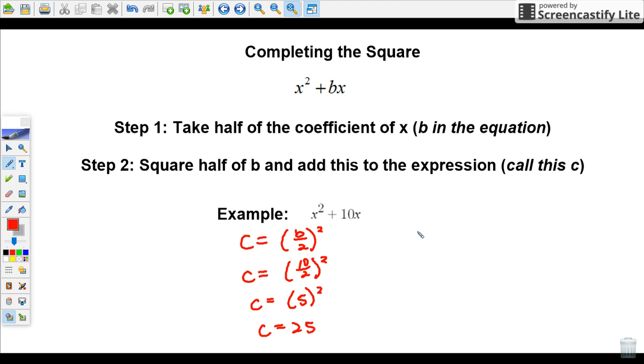So now we can take this expression and add this c value that we got, so plus 25, and this trinomial is a perfect square trinomial. If we were to factor this using the box method, we would get the same binomial multiplied by itself. So we've transformed this expression into a trinomial that factors into a binomial squared.